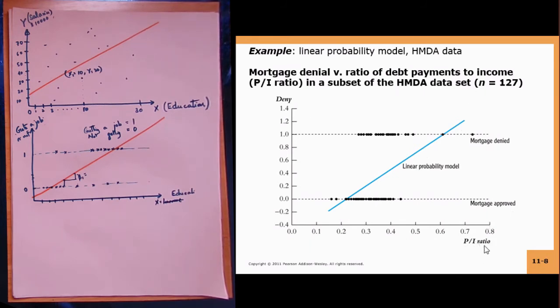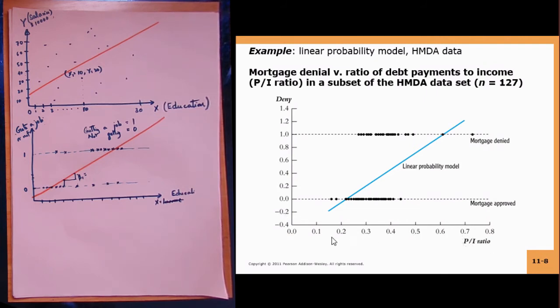What is the payments to income ratio? If you take a loan, you will have to make your interest payments every month, right? Suppose you have taken a loan and you have to make interest payments of, say, $300 per month. Then 300 is your payments and your income is $10,000. So 300 divided by 10,000 is your PI ratio.